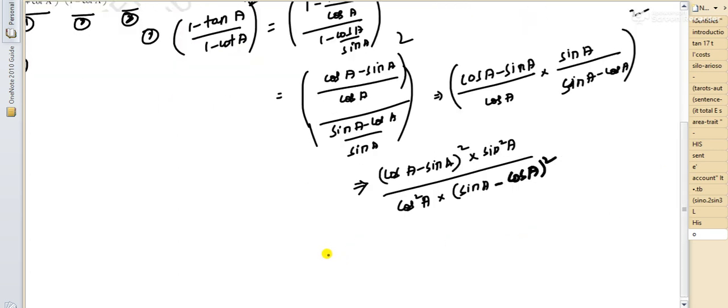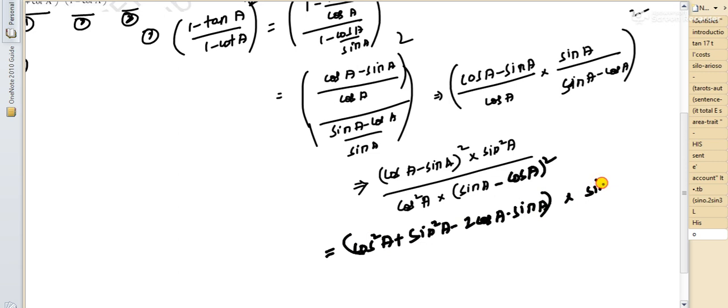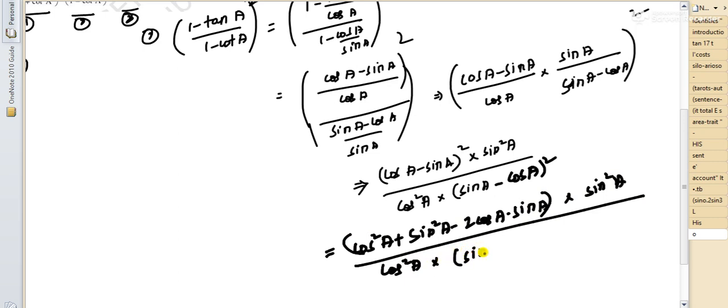Okay, now use the formula a minus b square. So this is a square plus b square minus 2ab, correct, into this whole into sine square a. Similarly here cos square a into this is again sine square a plus cos square a, minus 2 cos a into sine a, correct.